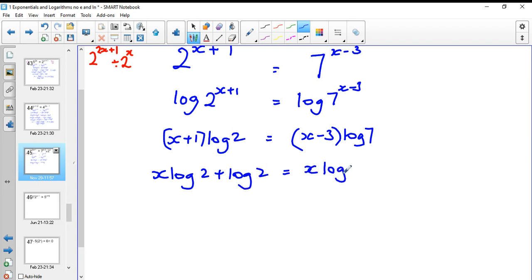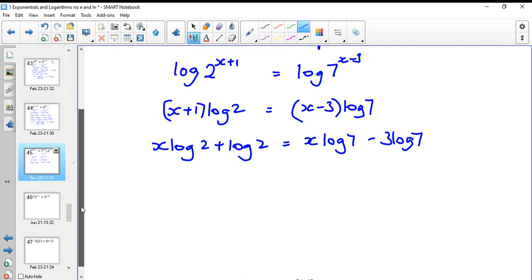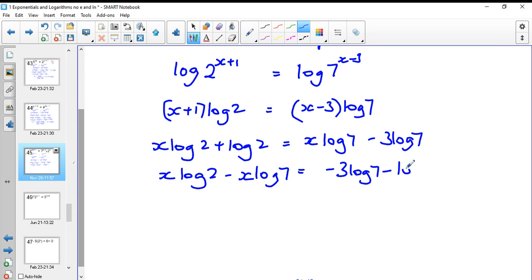So x log 7 minus 3 log 7. And then we just need to shuffle everything over, rearrange. x log 2 minus x log 7 equals minus 3 log 7 minus log 2.